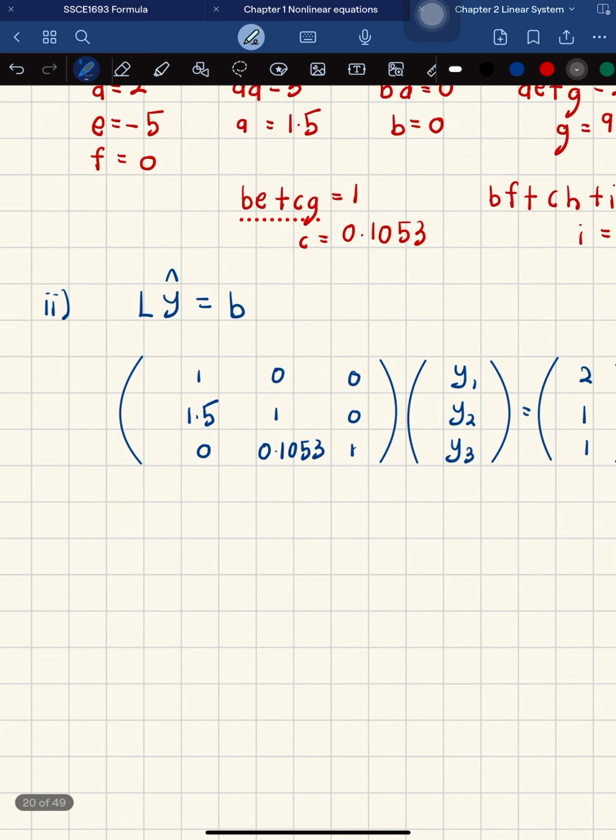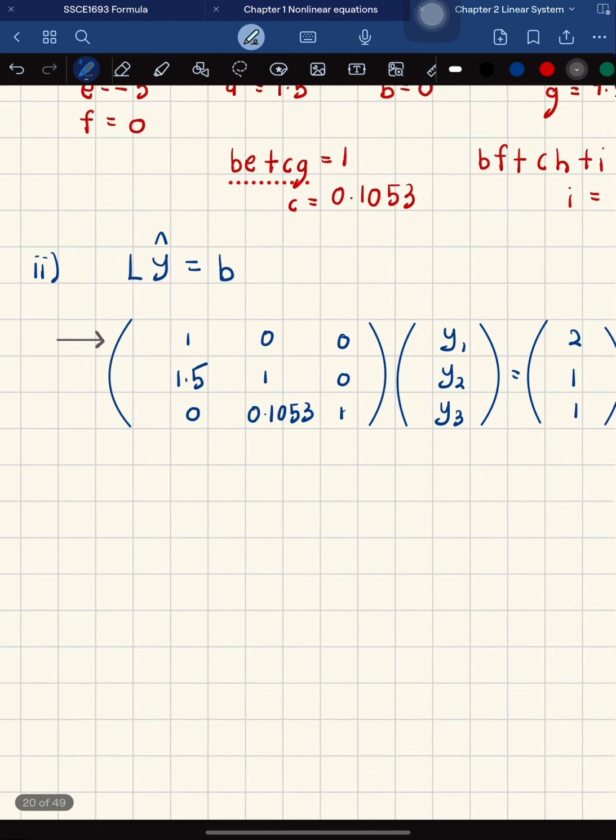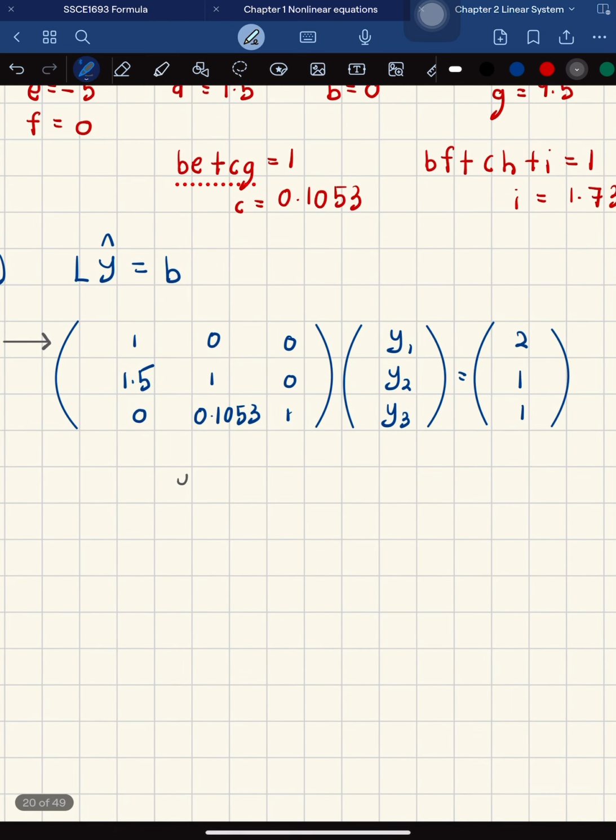So by using the forward substitution, we can start from the first row. So we have Y1 equal to 2. Second row, 1.5 Y1 plus Y2 equal to 1. So Y2 is equal to 1 minus 1.5 Y1, which is negative 2.